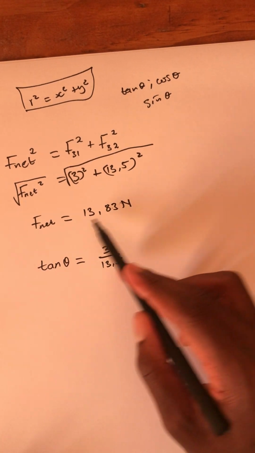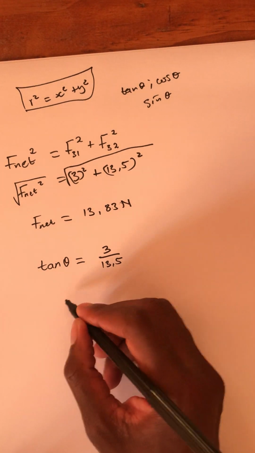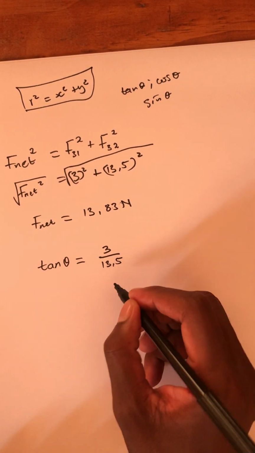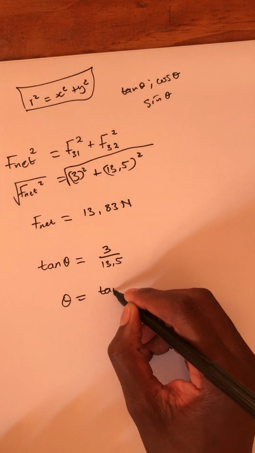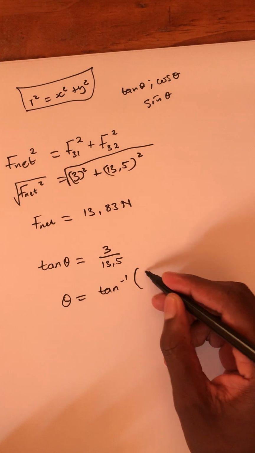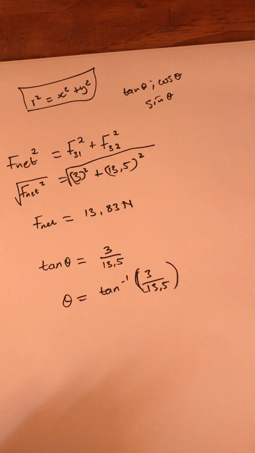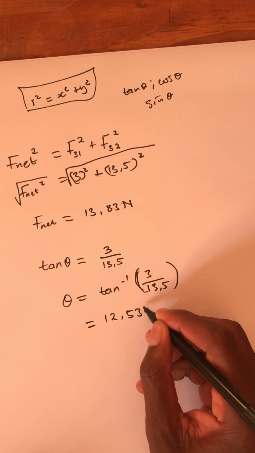Remember, the F net is the hypotenuse. So theta is equal to arctan of 3 over 13.5. From the calculator, we get 12.53 degrees.